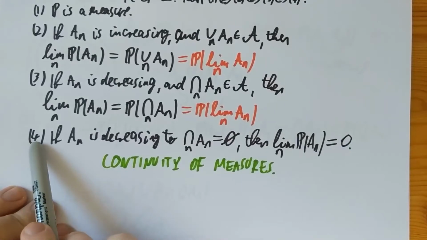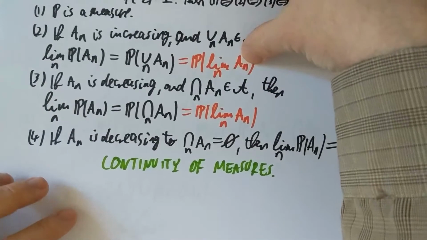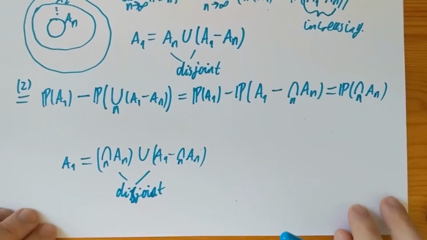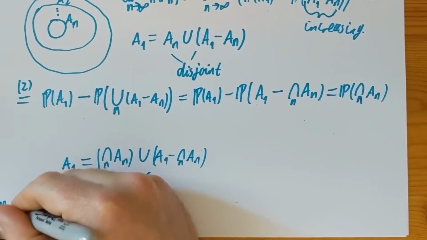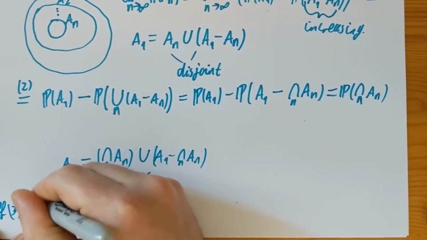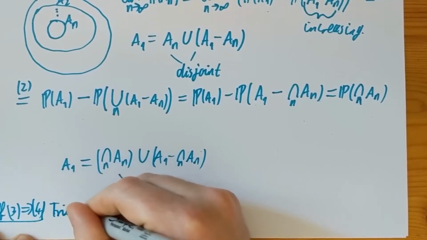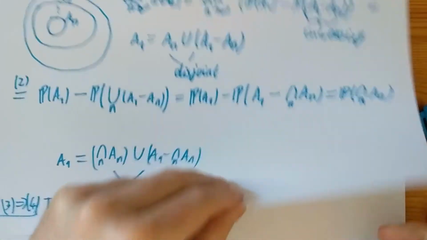So 4 is clearly just a subcase of 3, and therefore 3 implies 4 is trivial. Okay, I'm going to record this here. So proof of 3 implies 4 is just trivial. 4 is a subcase of 3. So we're done with that.